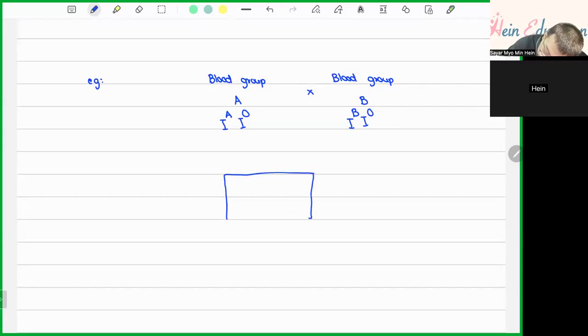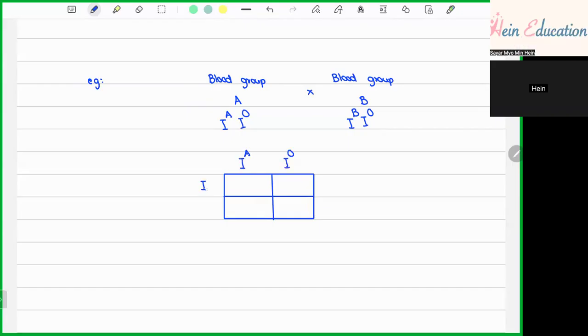So let's just draw a pedigree. Here we have IAIO and IBIO. The first one would be IAIB, here IBIO, and we have IAIO, and here IOIO.